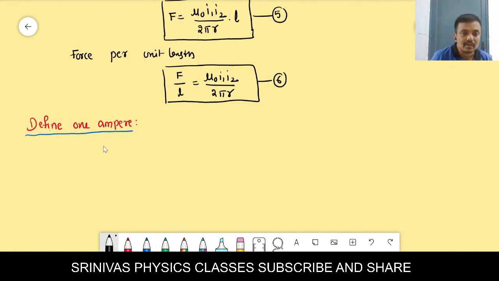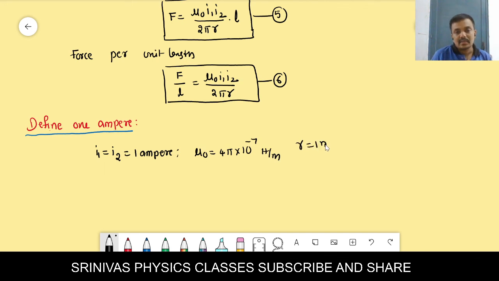Let us take the current carrying wires, I1 is equal to I2 is equal to 1 ampere. Then nu naught is the permeability of free space. Do you know the value? 4 pi into 10 to the power of -7 Henry per meter. And r also I will take as 1 meter. And L, no need of L.